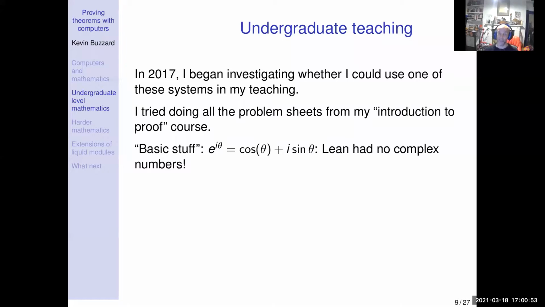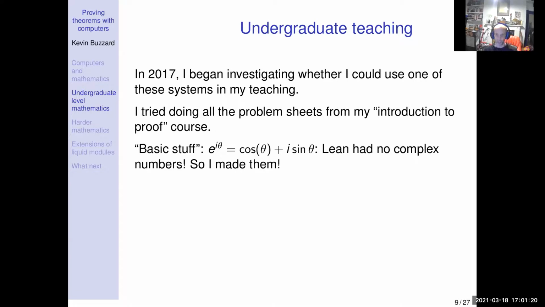The system didn't even have the complex numbers at the time. But of course, it was very easy to make the complex numbers. I just defined a complex number to be a pair of real numbers, and then proved basic things about the complex numbers. Ultimately, sometime later, we could prove that e to the i theta was cos theta plus i sine theta. But we just had to build a bunch of undergraduate analysis from first principles.